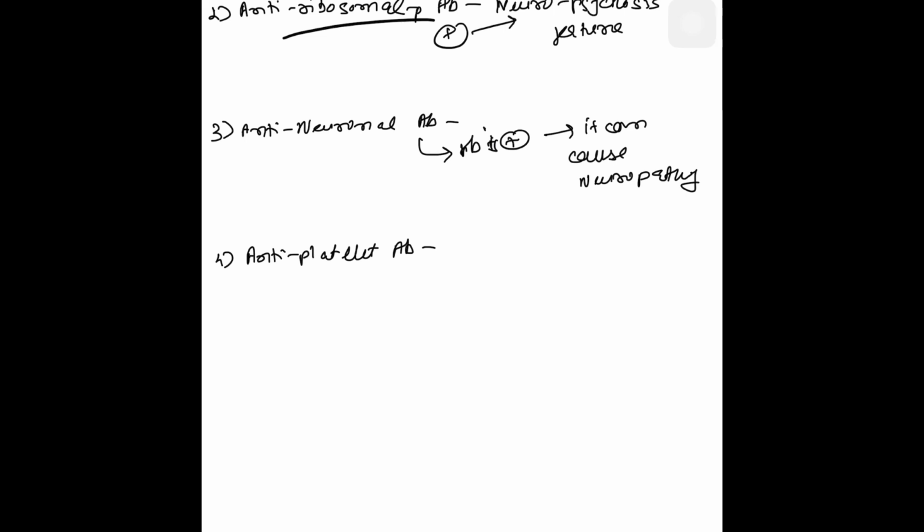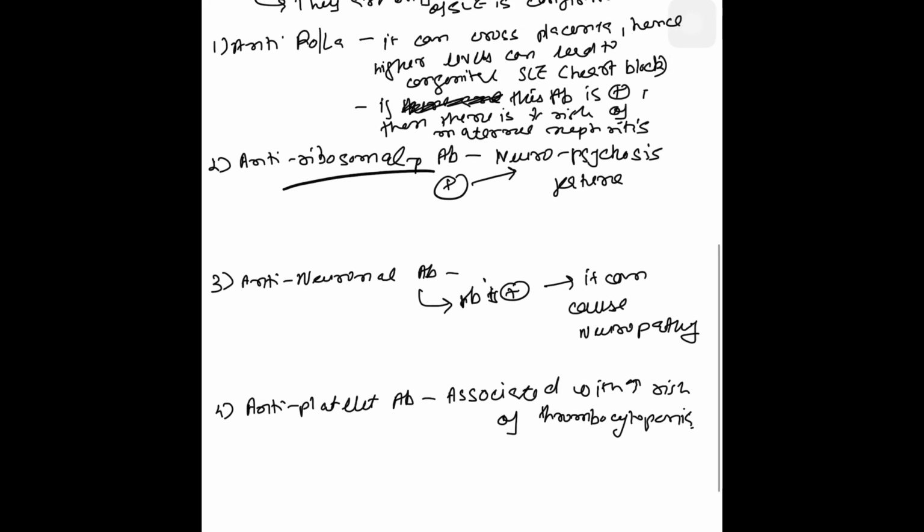Okay, and anti-platelet antibody is associated with increased risk of thrombocytopenia. So these were the 4 prognostic antibodies in SLE.